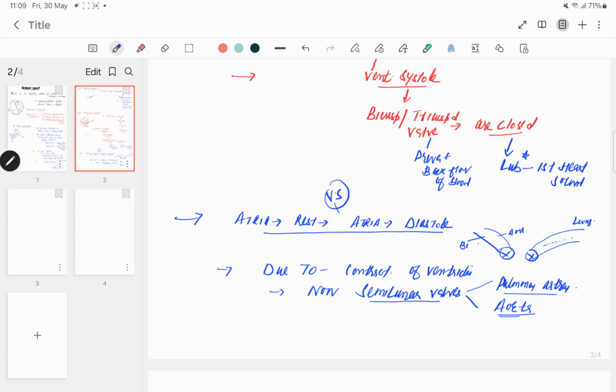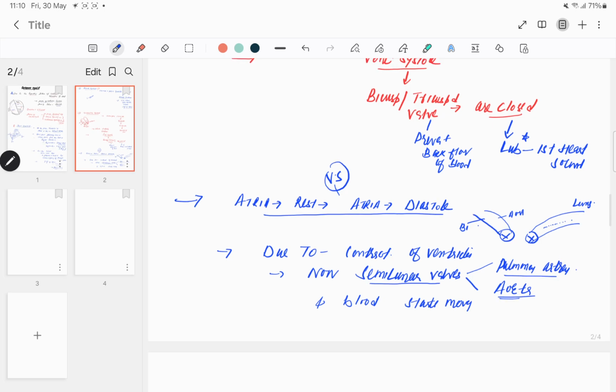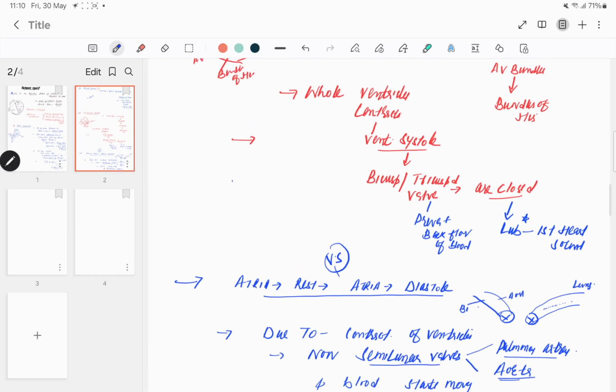Due to the contraction of ventricles, the semilunar valves are opened and blood starts moving into the circulatory pathway.